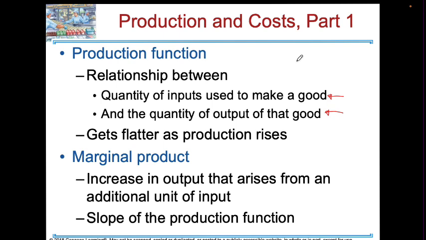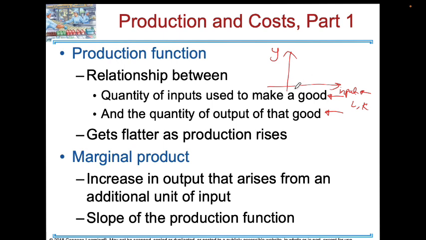And the marginal product basically explains this idea of why the production function flattens as quantity increases. Because this relationship talks about how output Y is affected by an input, and the input in this case could be labor, or it could be how many machines you're adding into the equation.